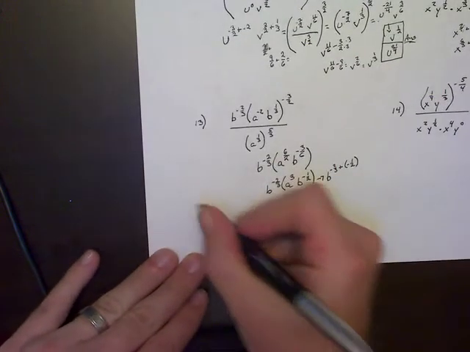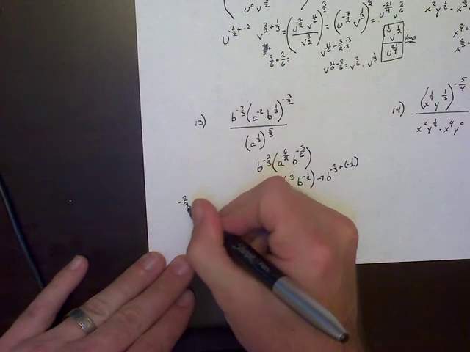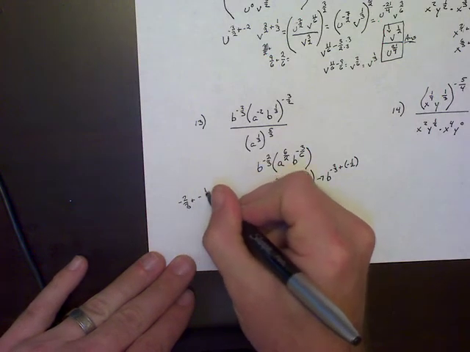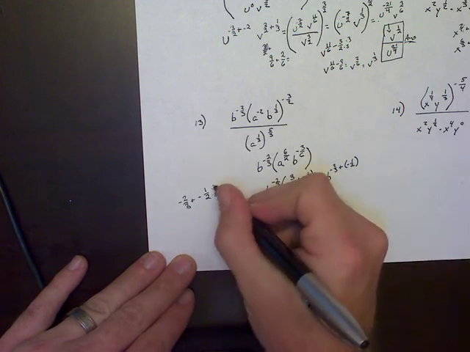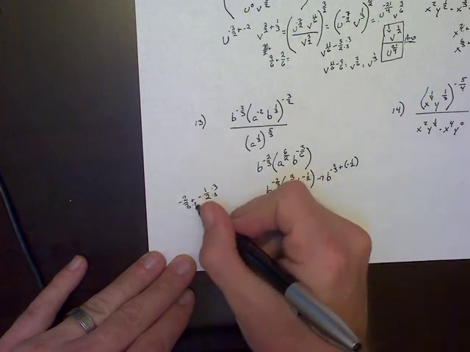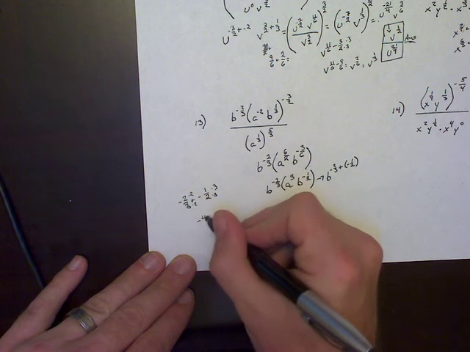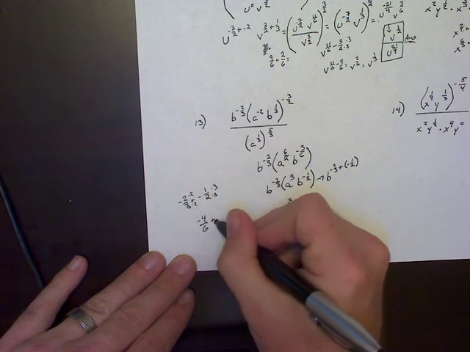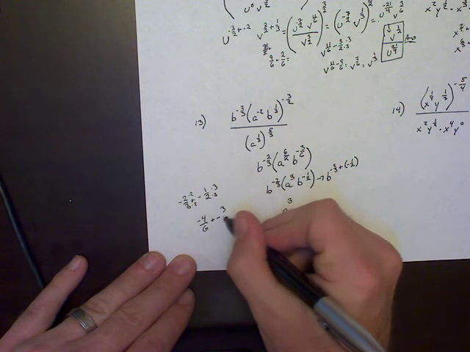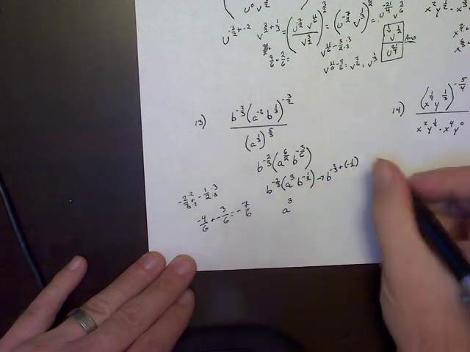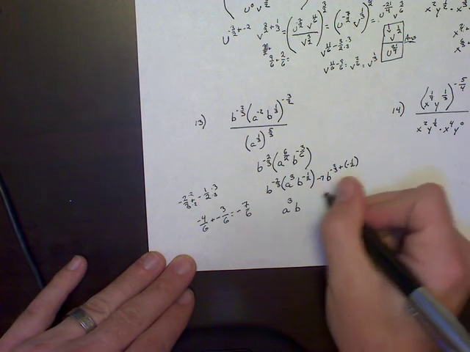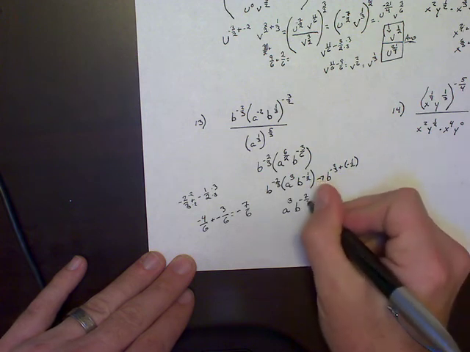Off to the side, we'll do our fraction work again. Multiply top and bottom here by 3, top and bottom here by 2, so we get negative 4 over 6 plus negative 3 over 6, which gives us negative 7 over 6. So that b is negative 7 over 6.